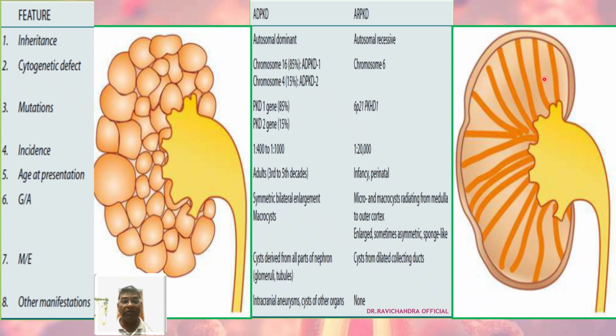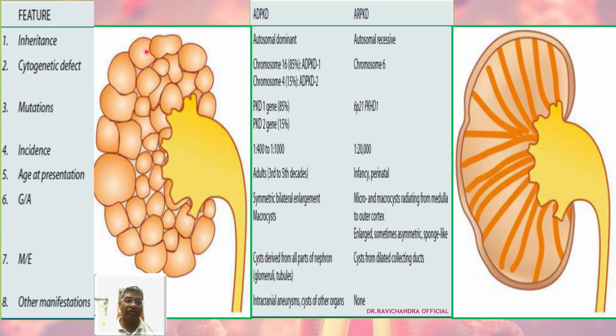Other manifestations in ADPKD include intracranial aneurysms and cysts in other organs like pancreas, lung, and so on. Such manifestations are not seen in ARPKD, autosomal recessive polycystic kidney disease.